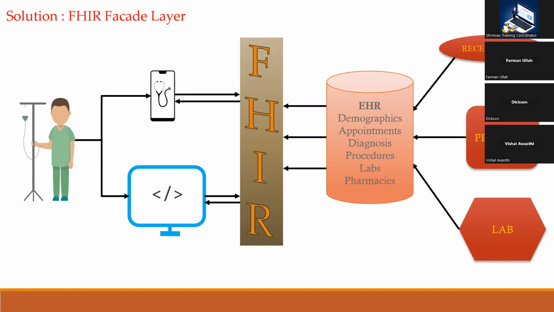So that kind of exchange is also enabled with the help of FHIR by adding this layer. This is one way FHIR can solve one of the greatest problems we have, which is to engage the patient with his own data.